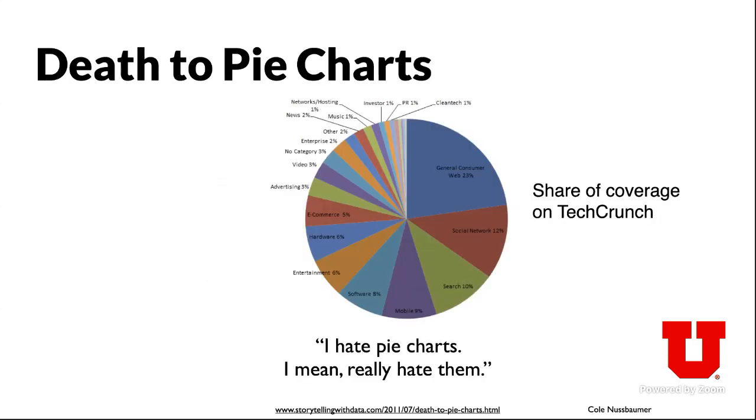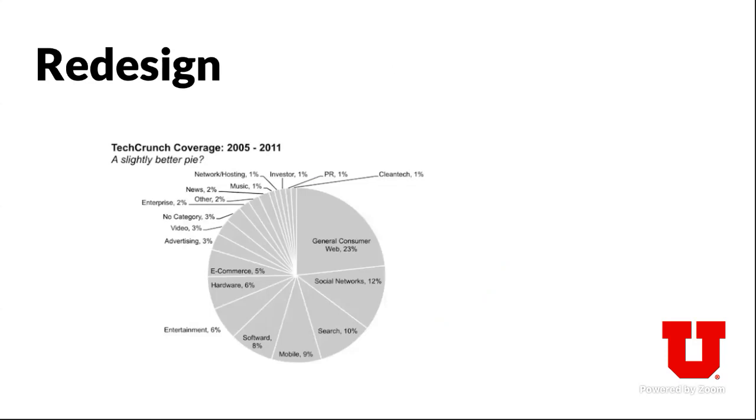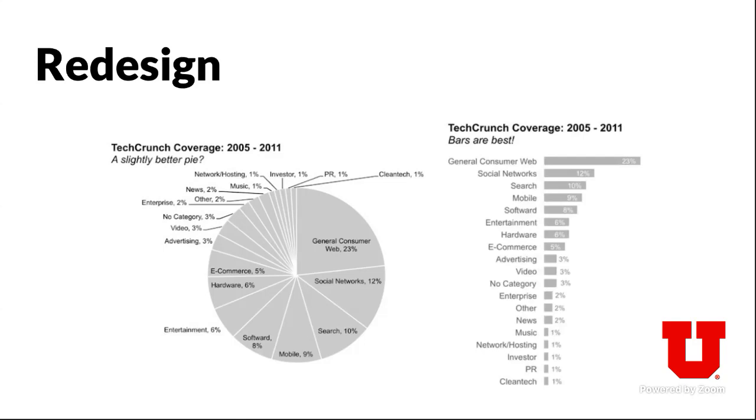We don't need it. So we could do something like this. Why do we actually need a pie chart here? We have so many small slices, so instead we could just show a bar chart. And this bar chart communicates the data probably much better than this pie chart.